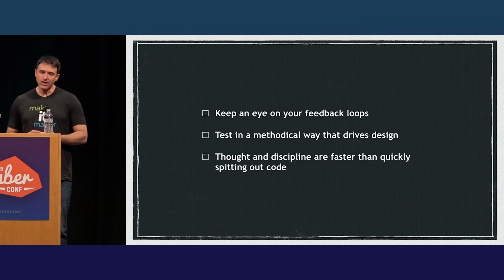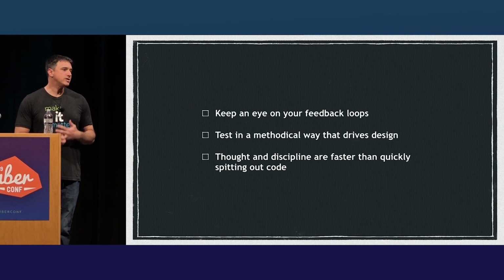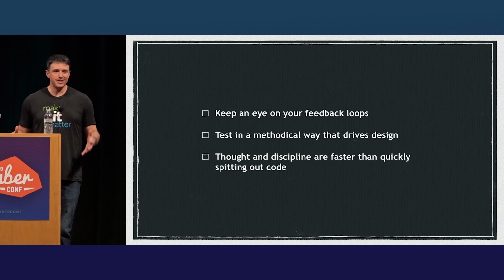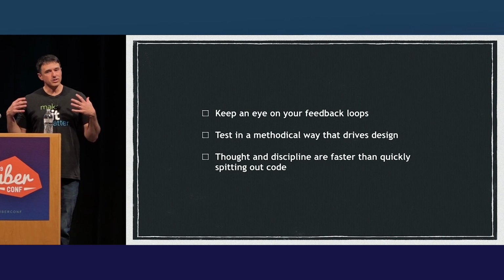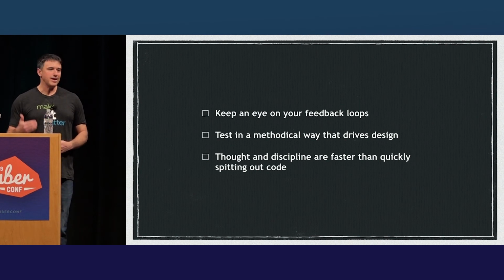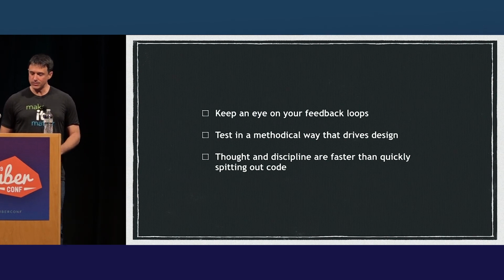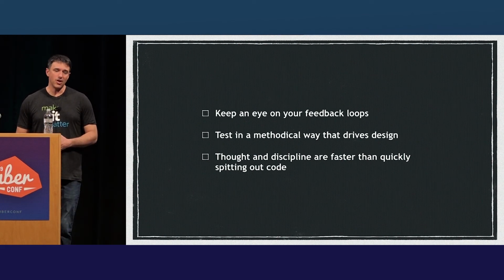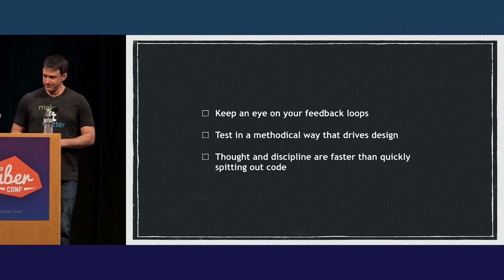Be methodical in your tests, and test in a way that drives your design. Even if you're not a purist TDD person, write your tests in a way that is methodical and gives you discipline. Finally, thought and discipline are going to be faster in the long run than just cranking out code.